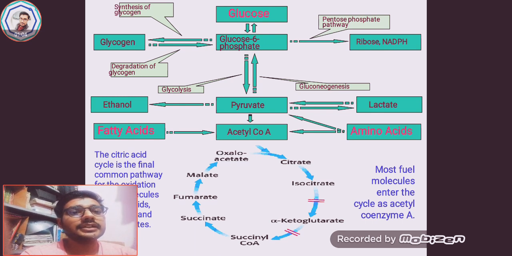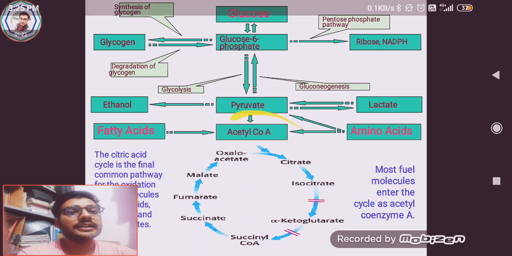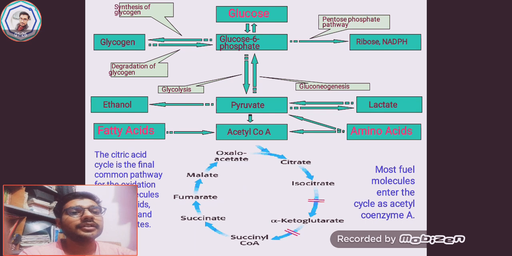Also, we can see that pyruvate can form lactate and ethanol, or it can form acetyl coenzyme A. This acetyl coenzyme A is a connecting link between this Kreb cycle and glycolysis.